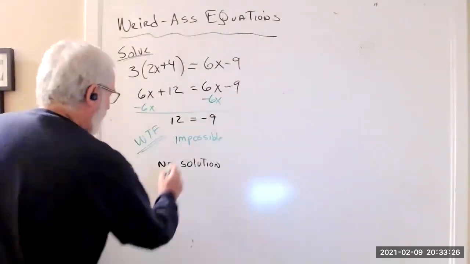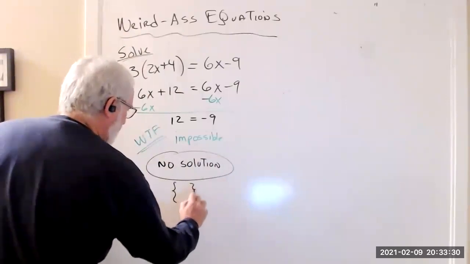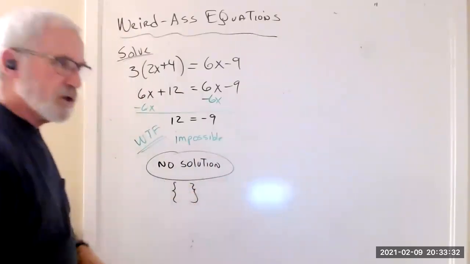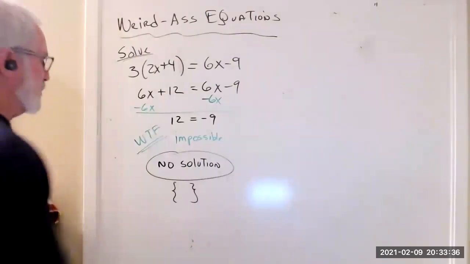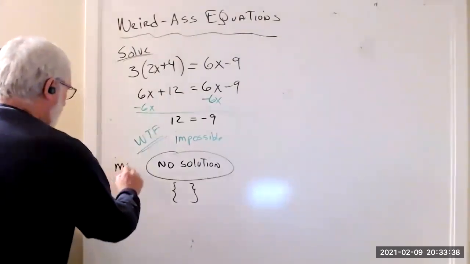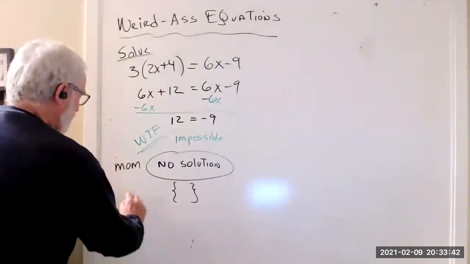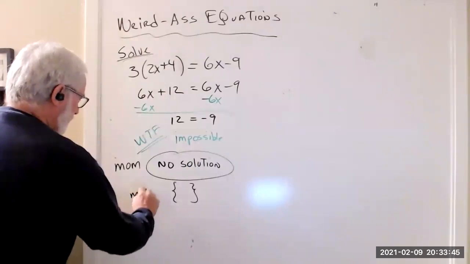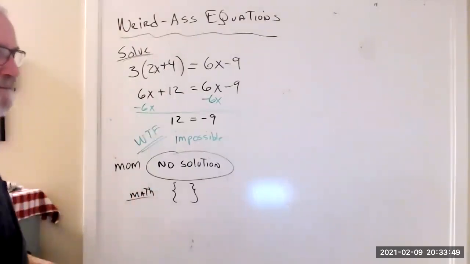The correct math way is to put those funny braces that I introduced and put nothing in them. So this is mom, I believe she says, right, no solution. And this is math. I'll accept either one.